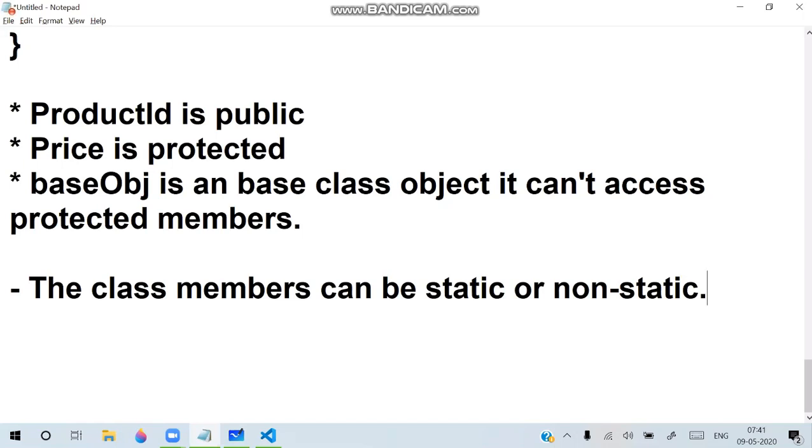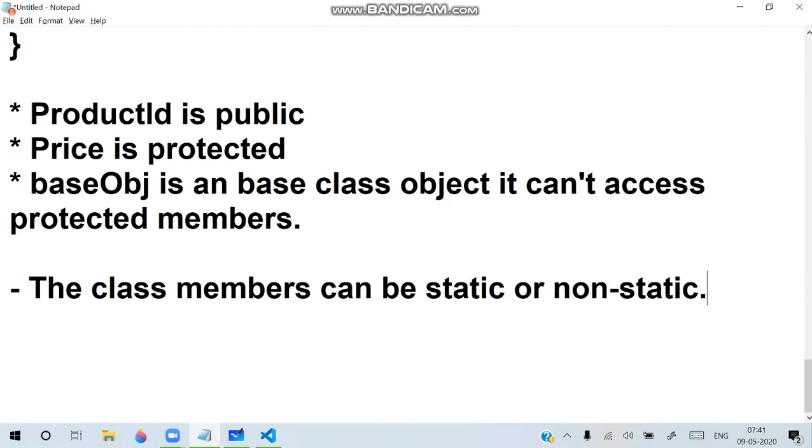Generally, when we ask this question at a learner level, many people will answer that static members are accessible by using the class name, and non-static members are accessible by using an object, which is not about static and non-static.